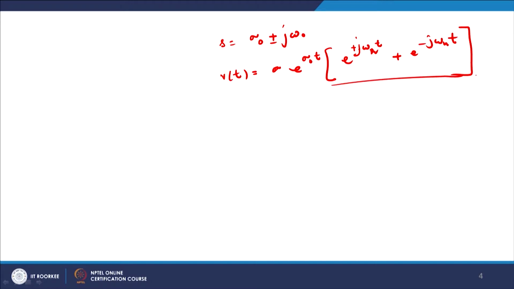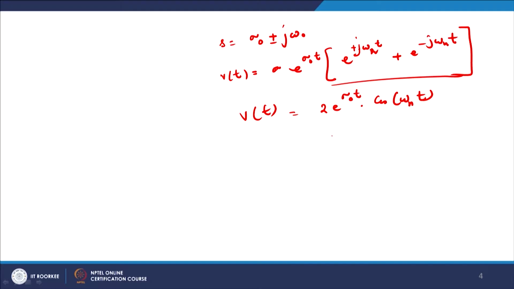So this is the sine of omega n t multiplied by e to the power sigma 0 t. If you solve it, I get 2 times e to the power sigma 0 t into cos of omega n times t. This will be your v(t).